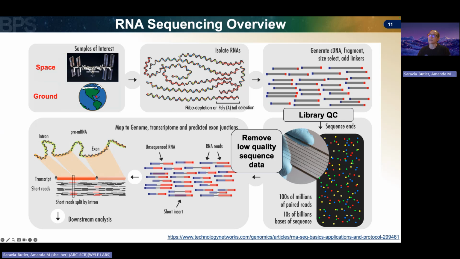One is to target and remove your ribosomal RNA, either with an enzymatic approach or a hybridization pull-down approach that we talked about previously. Or you can positively select for the poly A tail that exists on mature messenger RNA to be able to enrich your sample for messenger RNA.